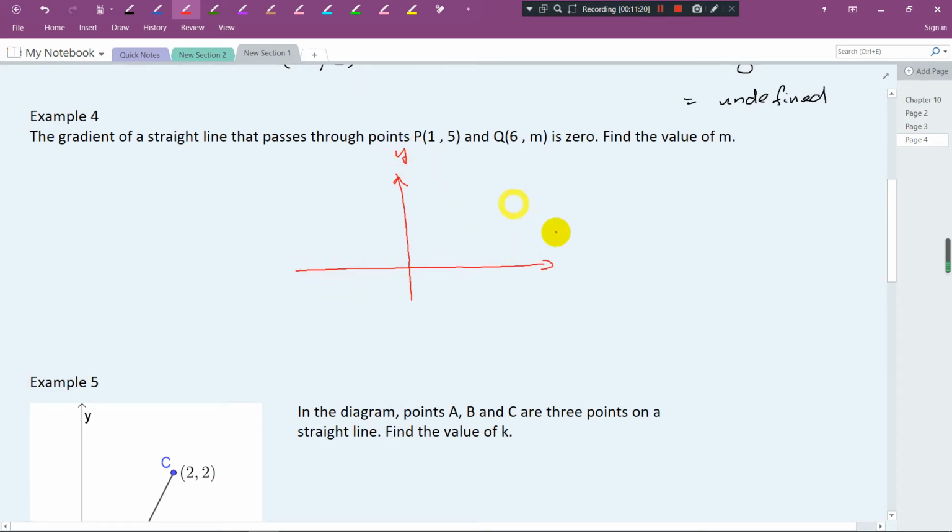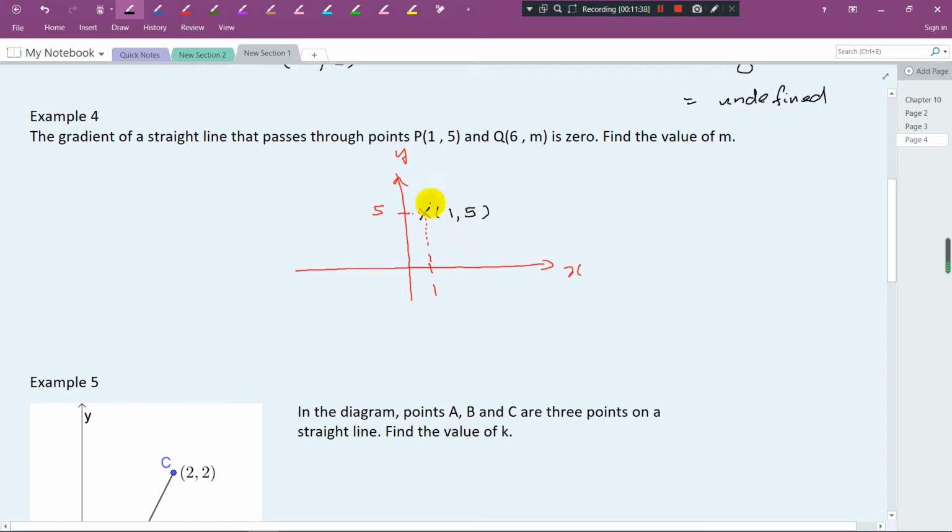So this is y, this is x. P is 1, 5. We can put it somewhere around here, 1, 5. Okay, let me use another color to plot the point. So this is 1, 5.